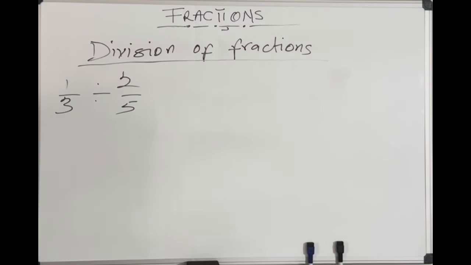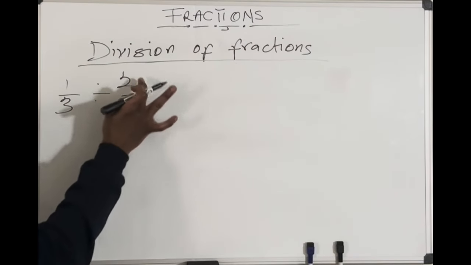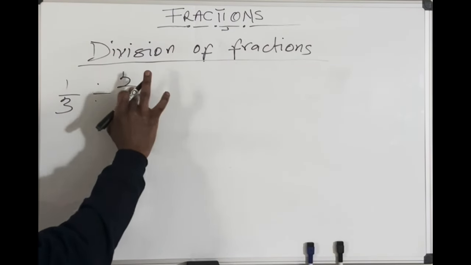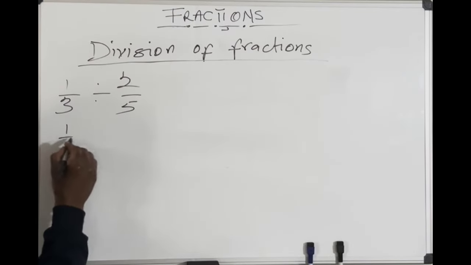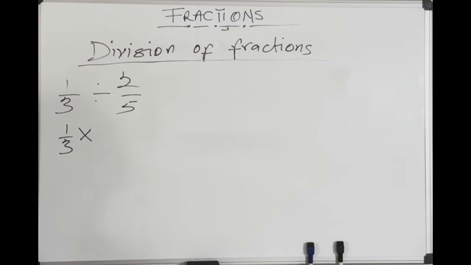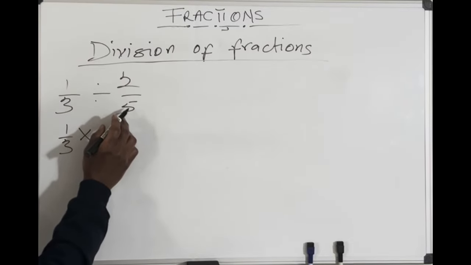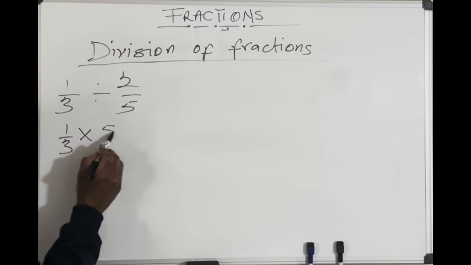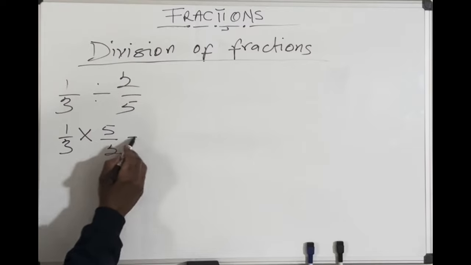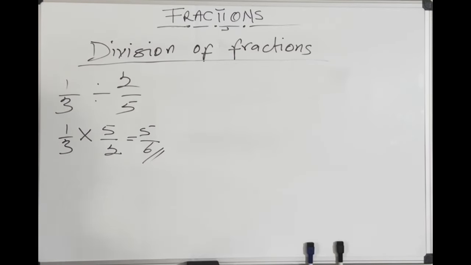A question like this, we can't just continue working unless we change this: the denominator needs to be the numerator, and this 2, which is the numerator, needs to be the denominator. So 1 over 3, and then we have to change this sign to what? Multiplication sign. So whenever you change it, know that we are changing the second fraction. So 5 over 2. Then lastly, 1 times 5, 5 over 3 times 2, final answer. Okay, all right.